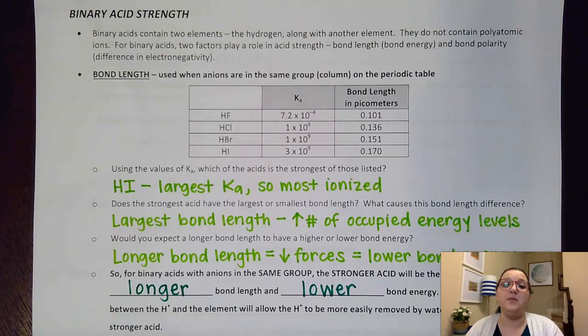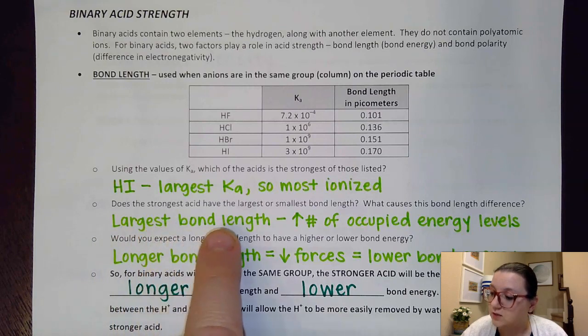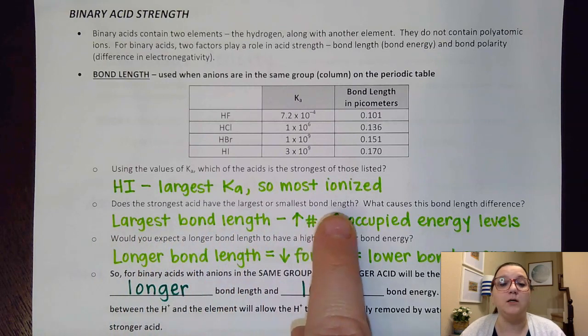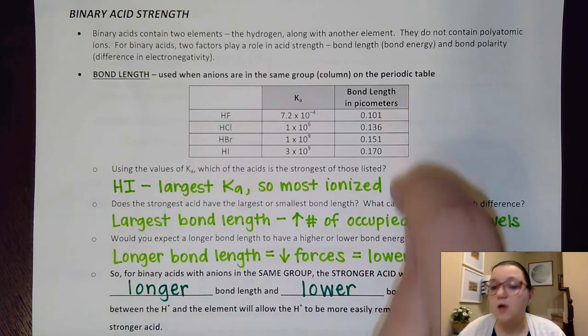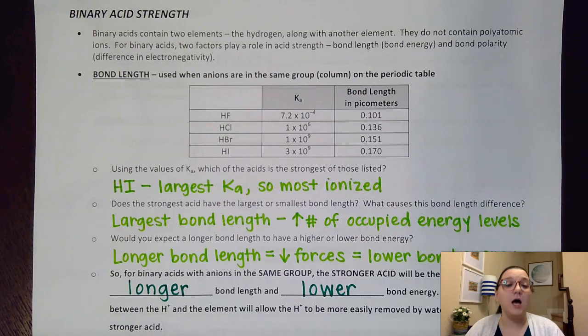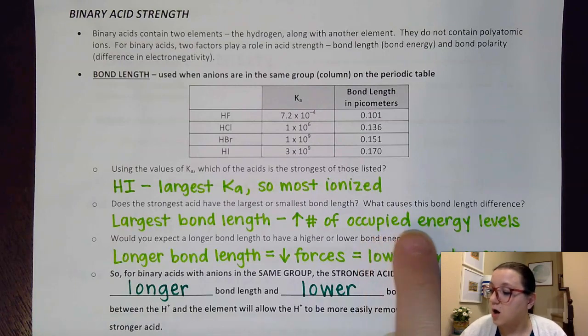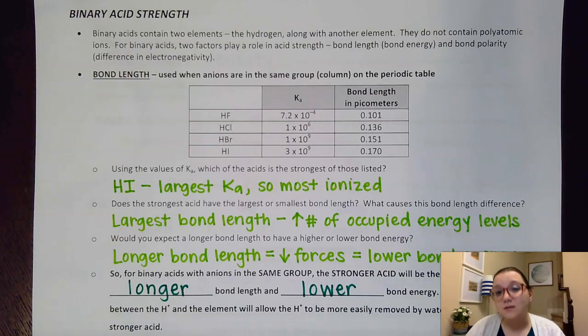So therefore it would be the most ionized, even though hydrochloric and hydrobromic are almost as ionized. And it asks next, does the strongest acid have the largest or smallest bond length? If I look at the bond length values here in picometers, I notice that hydroiodic does have the largest bond length. And it asks what causes this bond length difference.